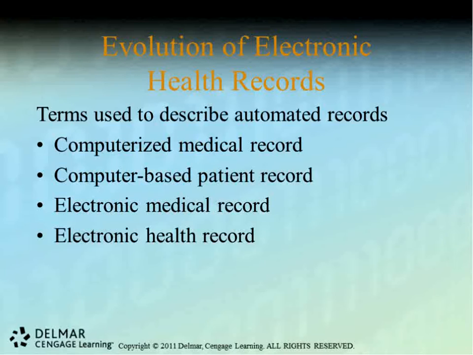You also had the enactment of the American Recovery and Reinvestment Act, which brought in stimulus, and I think I have a slide a little further along that talks a little bit more about that as well. But these are some of the things that have brought about the evolution we see in electronic records, as well as our transition from a paper environment into an electronic environment.